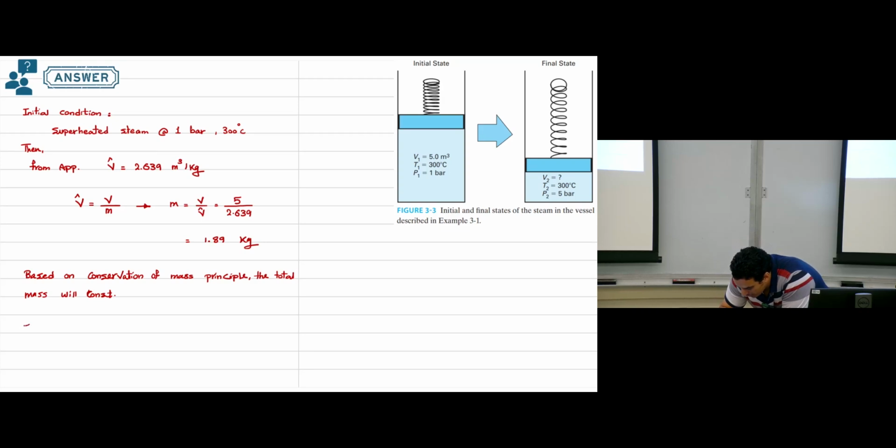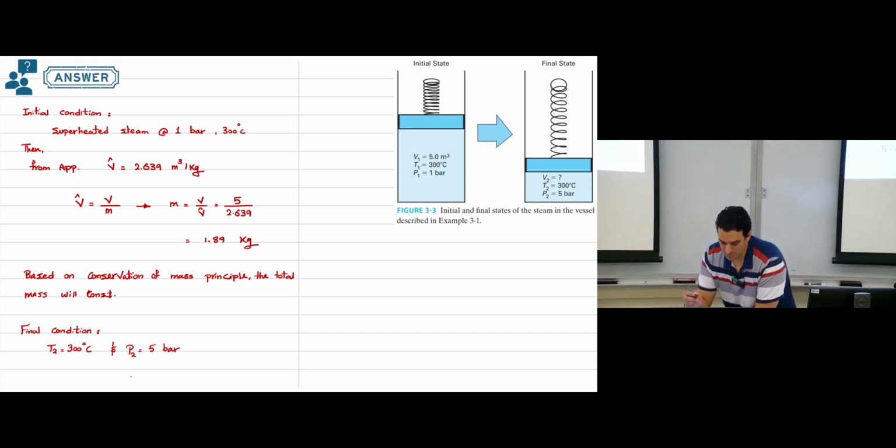Now for the final condition, we know that the temperature T2 is still 300 Celsius, and the pressure P2 at the final condition is 5 bar.